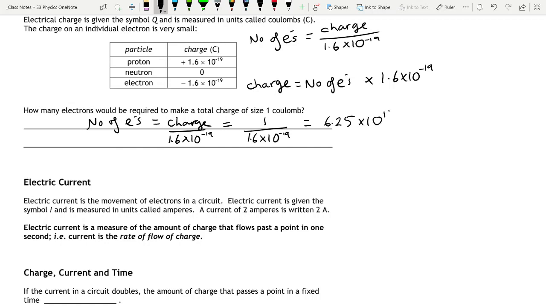You should get that number. If you don't get that number, let me know and we can have a look at your calculator skills. Remember the E button, at the bottom, is your 1.6 E minus 19.